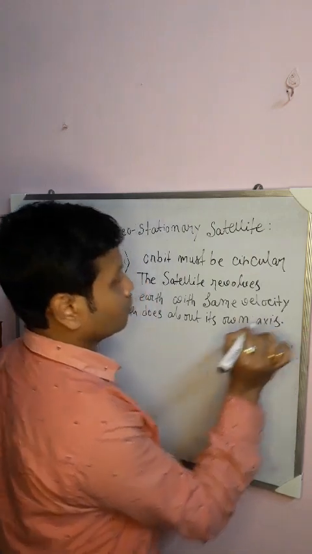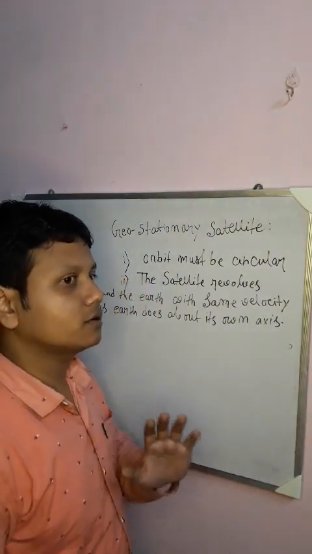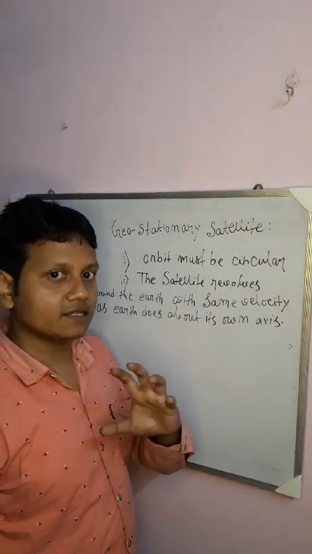We all know that the earth has a spin motion, that's why it rotates around its own axis.